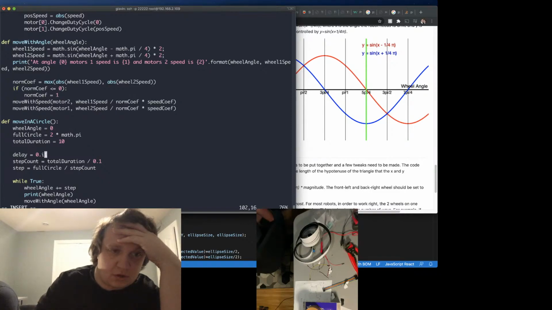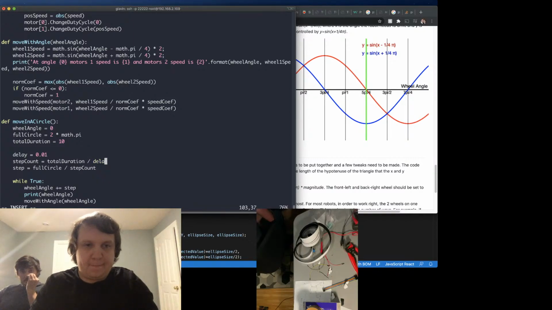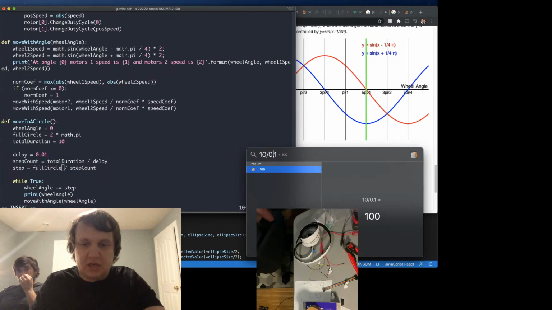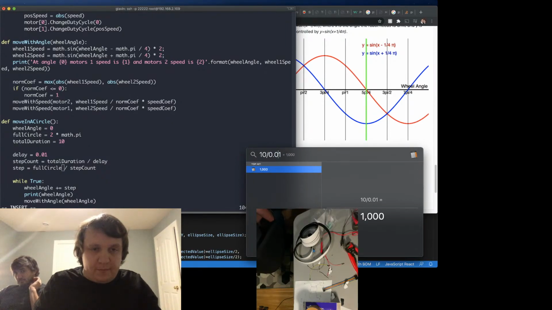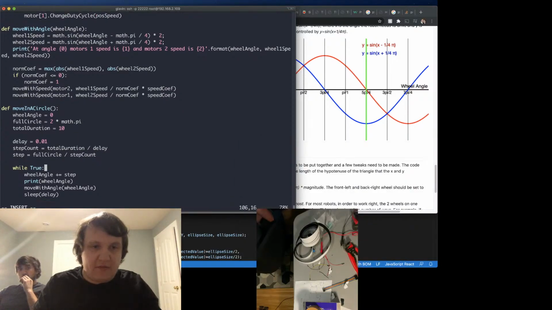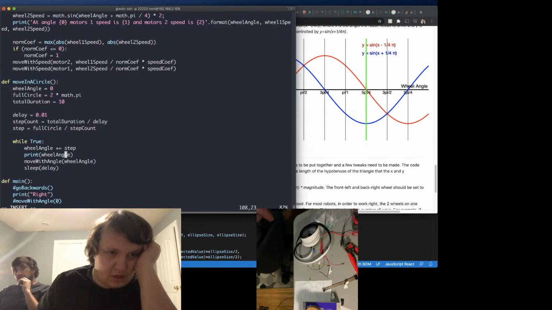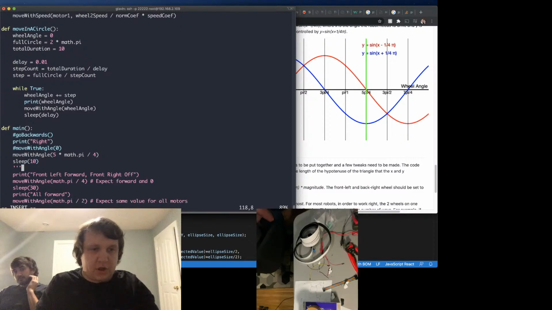Actually, I want to make that smaller. In a 10 millisecond unit. Therefore, the total duration divided by that unit is going to be the number of steps in between. We can just do the math so you can see what it looks like. So there's 1,000 steps. A full circle divided by 1,000 pieces. And then for every step, we move the circle by that piece. And move it. Okay. Yeah, that should be it.